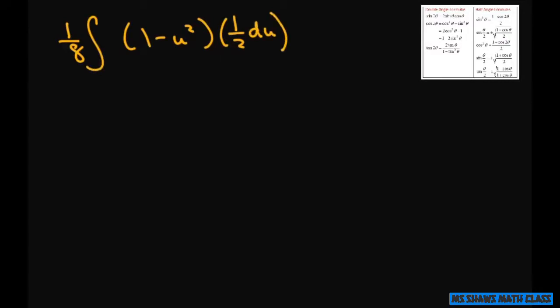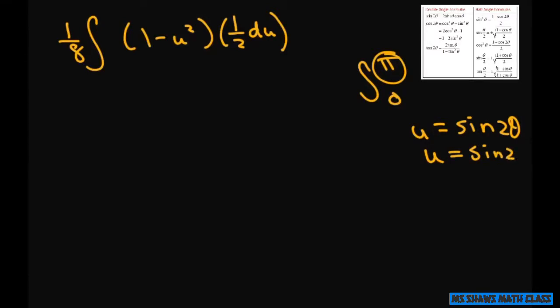So we have 1/8, 1 minus u squared times 1/2, du. The only thing is, our integral was initially from 0 to pi. But since I let u equal sine 2 theta, I'm going to have to plug in my pi here and find my new integral. So sine of 2 pi equals 0. So we're going from 0 to 0.